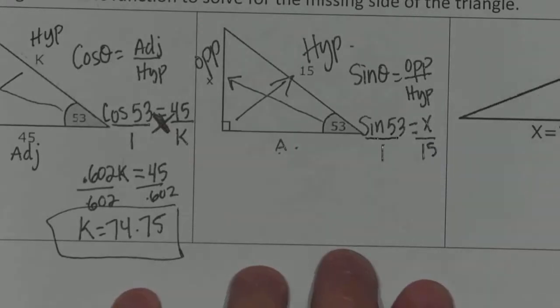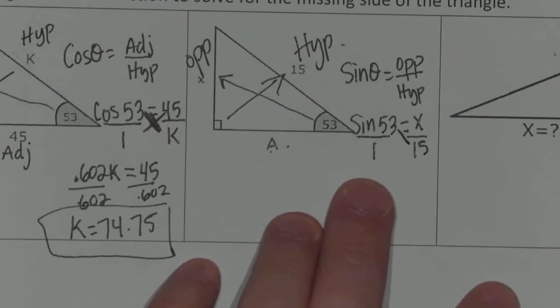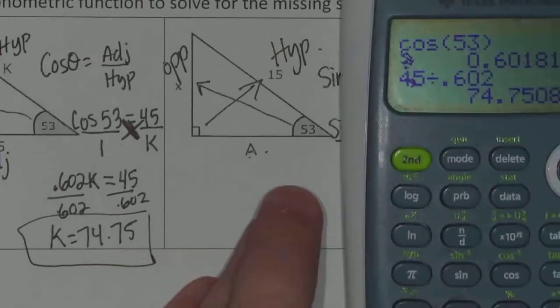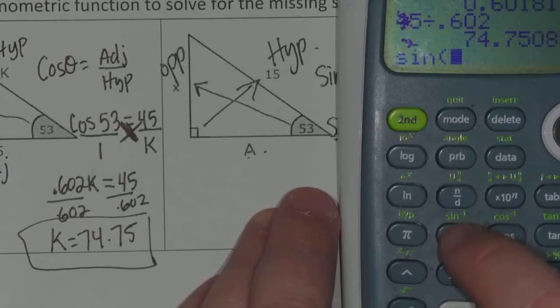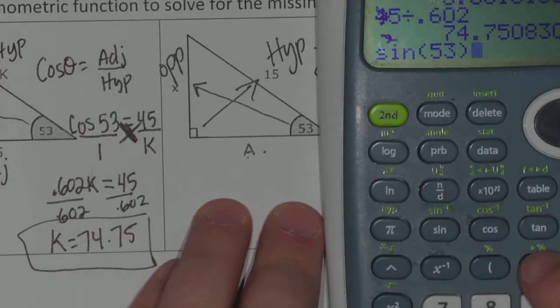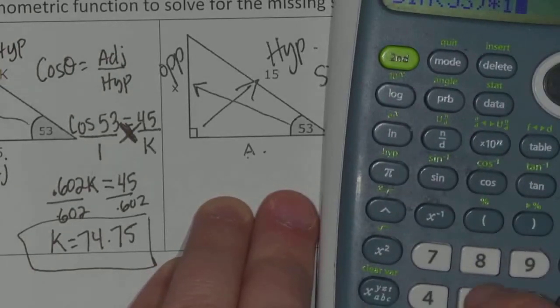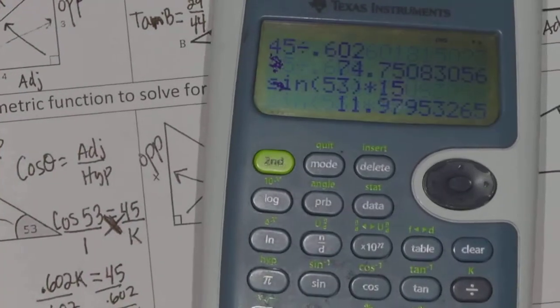I'm going to put a 1 underneath that, and I'm going to cross multiply. This time, do you see how it gets to be multiplied by a 15 also? So when you do that on your calculator, you're going to hit your sine key. You're going to do 53, close your parentheses, and then times it by 15, and it will give you that answer. So your sine of 53 times 15.